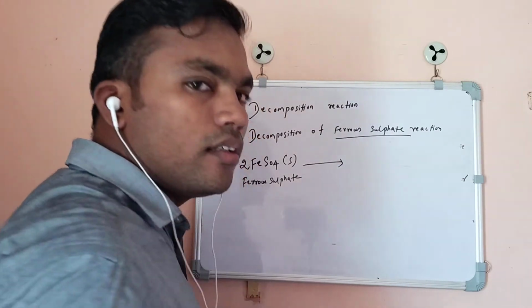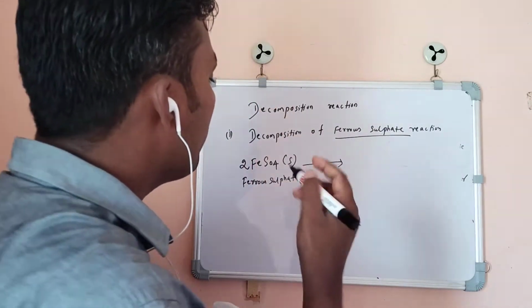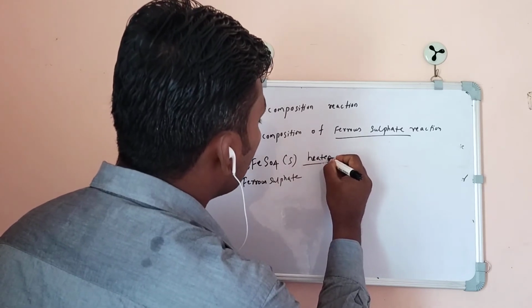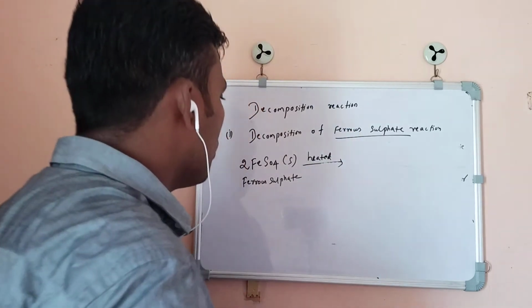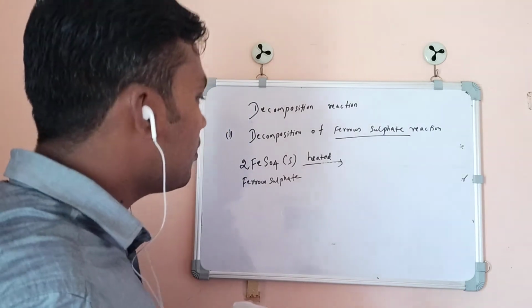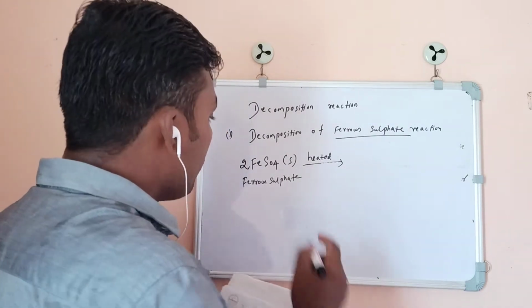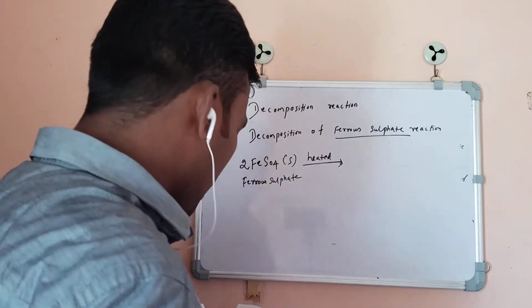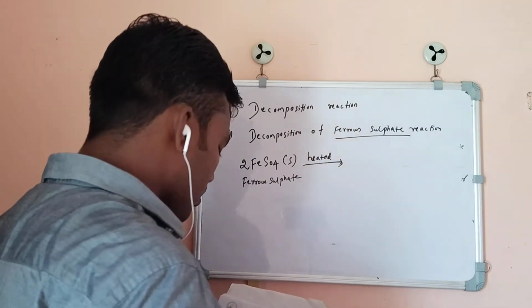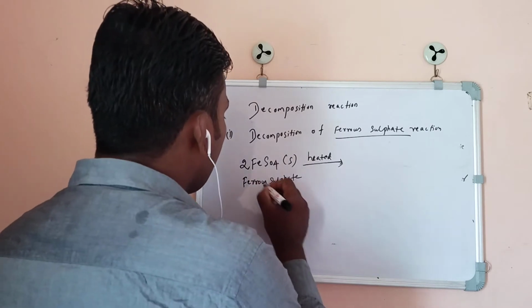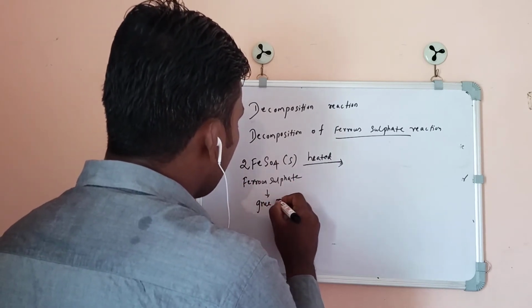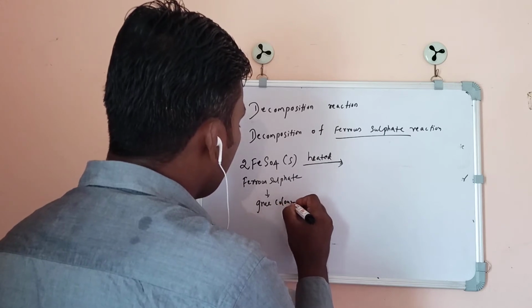After adding this ferrous sulfate into the test tube, what have you done? You have heated the test tube. Did you observe what happened? The color of this ferrous sulfate has changed. The ferrous sulfate is green in color.